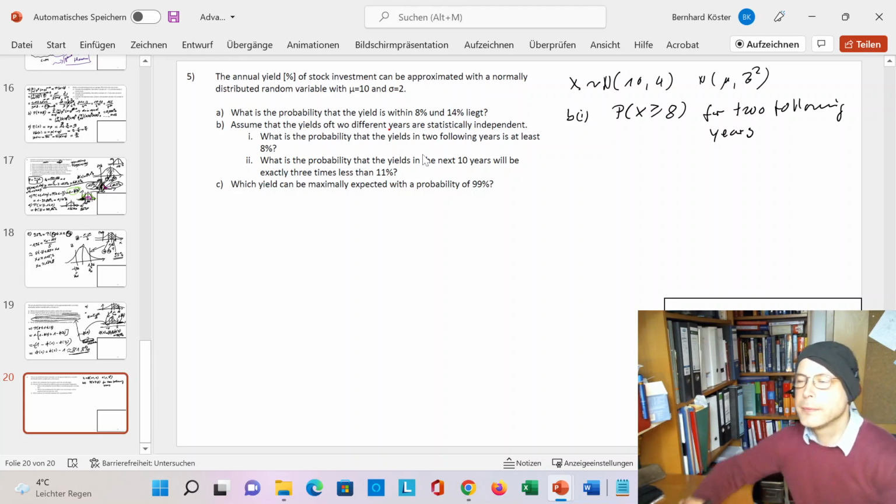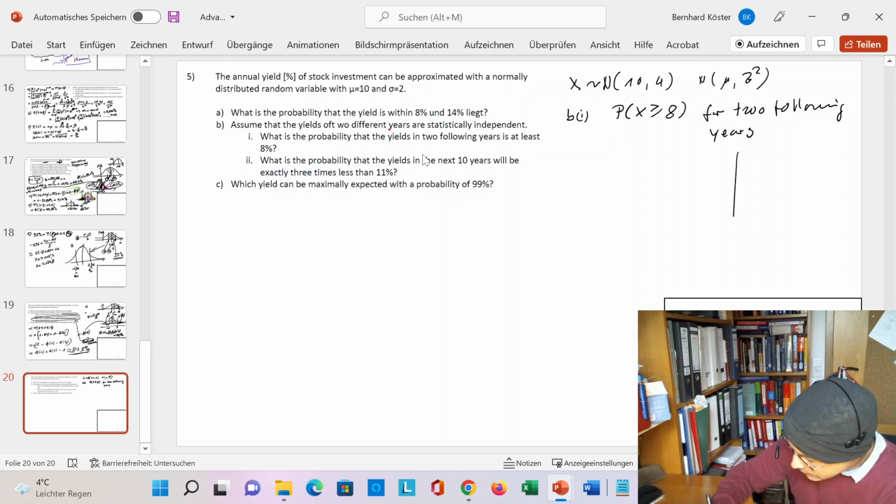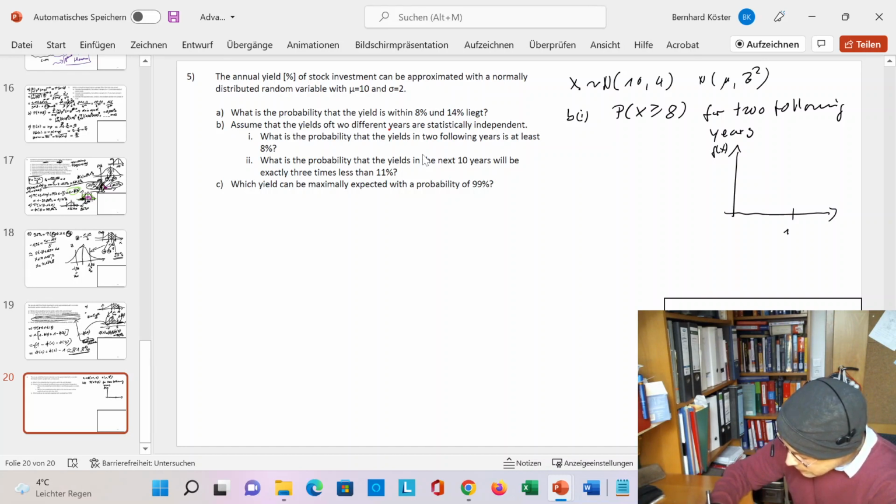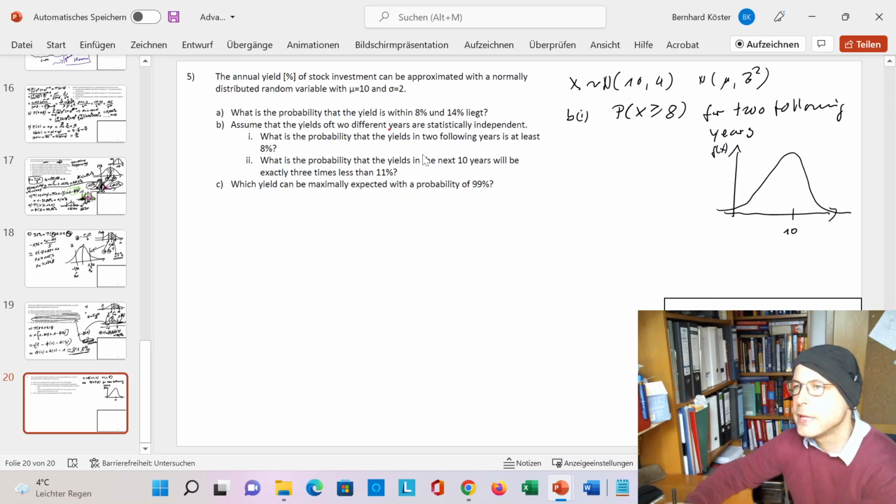What are we doing in order to calculate this, and not just type it in some statistics software? For this, I always draw the diagrams. f of x, mu is 10, normally distributed, so it looks more or less like this.